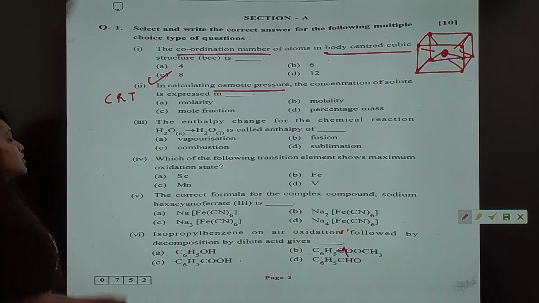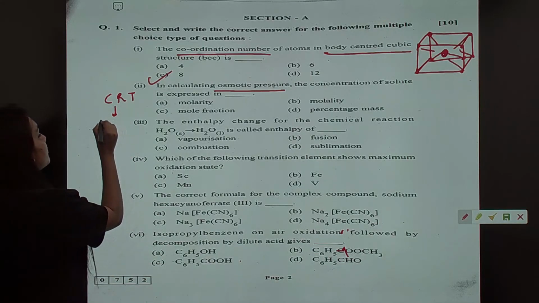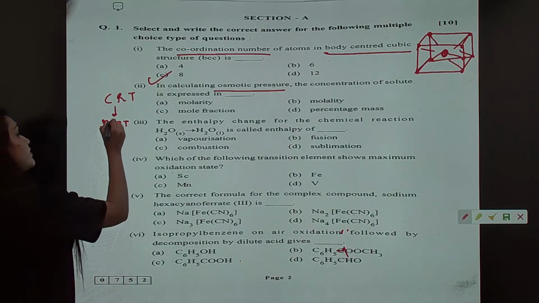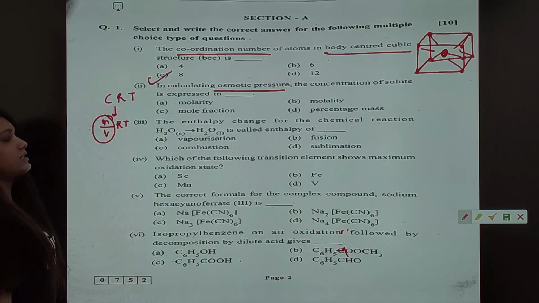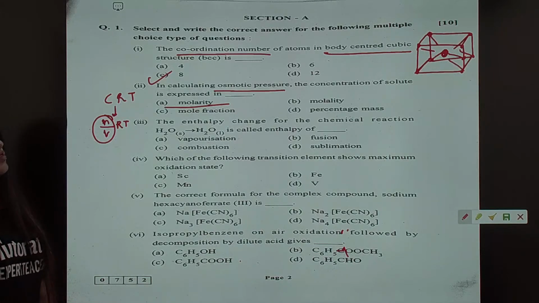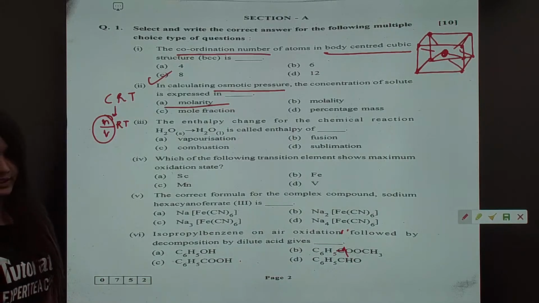What is C? Concentration. If I have to write the formula further, I can make it n upon V RT. And this n upon V is nothing but molarity. So, that is question number 2 of our section A MCQs, and the answer will be A, molarity.